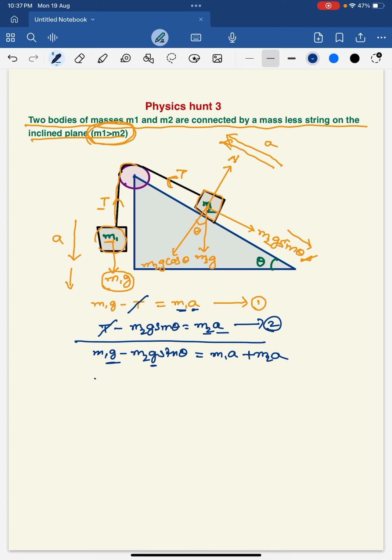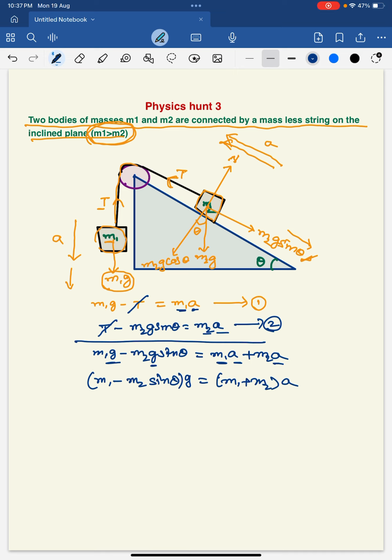Take it outside. So (m1 minus m2 sin theta) into g is equal to, on the right side, acceleration is the common term, right? So (m1 plus m2) into a.